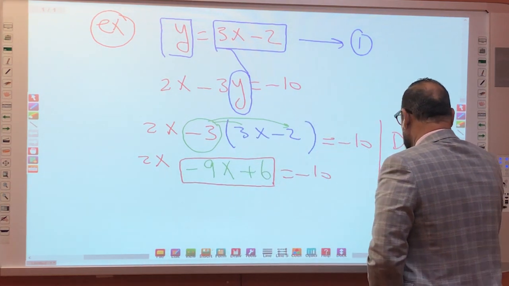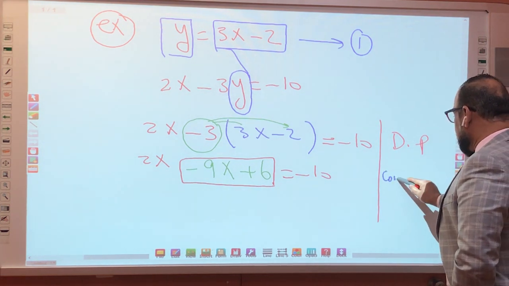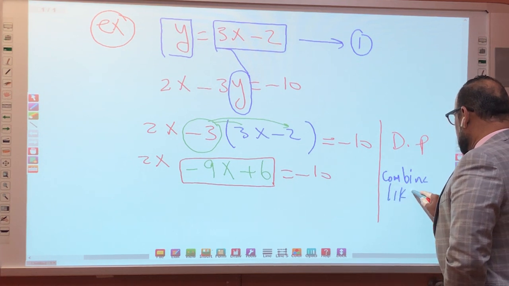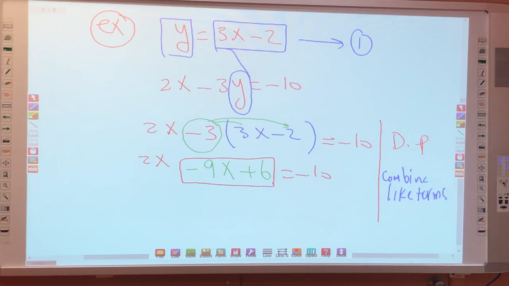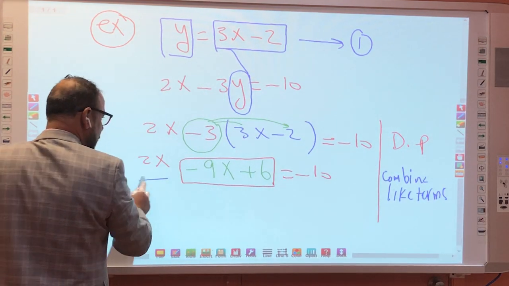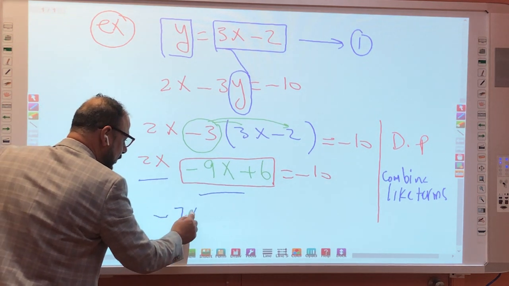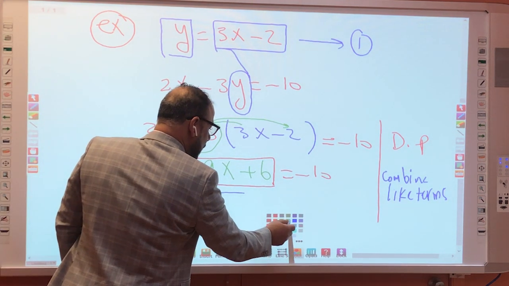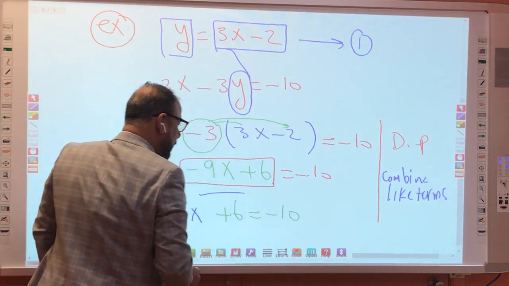Here, what we're going to do is combine like terms, which is the x's: 2x minus 9x is negative 7x, plus 6 equals -10.